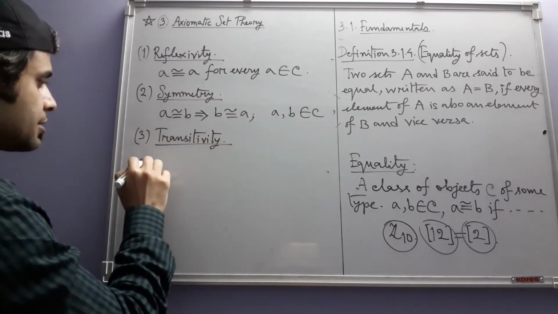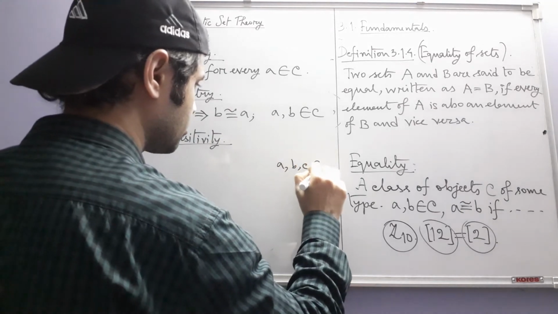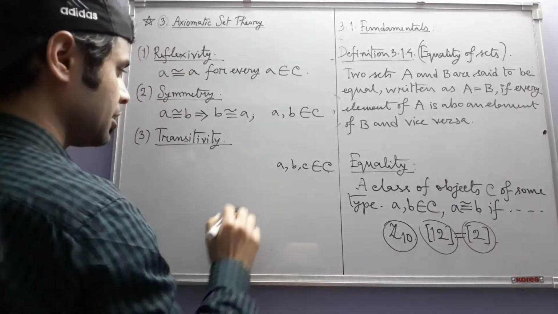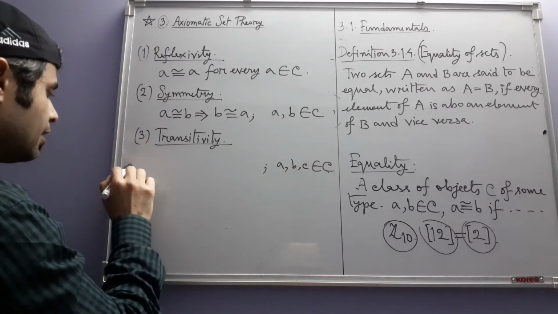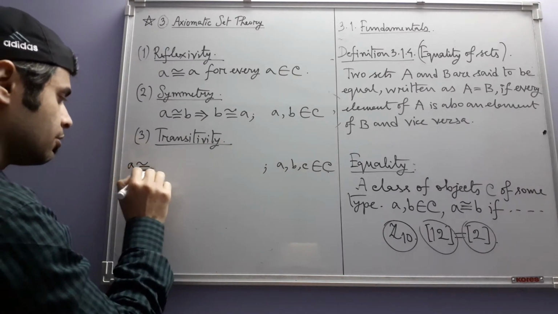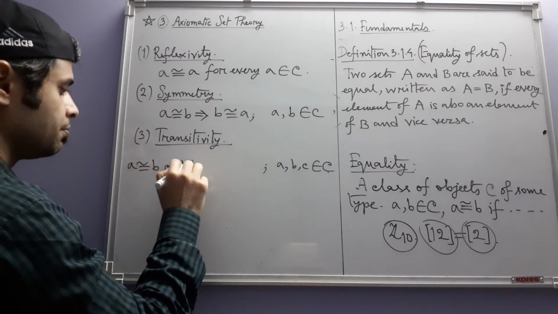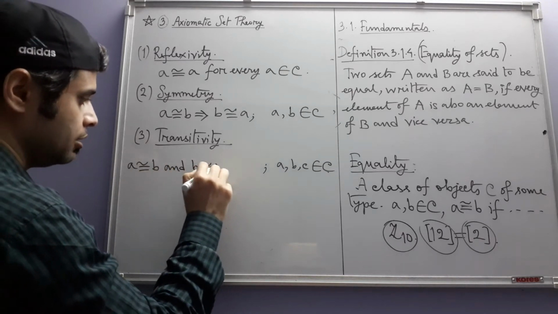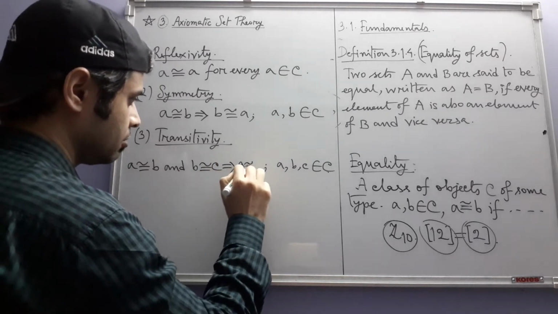This one says that if I have 3 objects A, B and C in my class of objects, and A is equal to B and B is equal to C, then that implies A is equal to C.